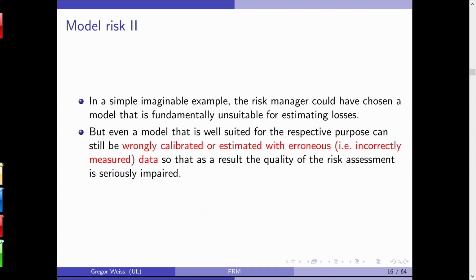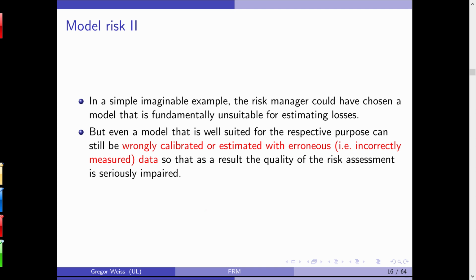It could, for example, be that a risk manager simply has chosen a model that is fundamentally unsuitable for estimating losses. So it's a completely wrong model. Even if the model is well suited, it might still be that the risk manager, him or herself, is not able to correctly use the otherwise correct model.